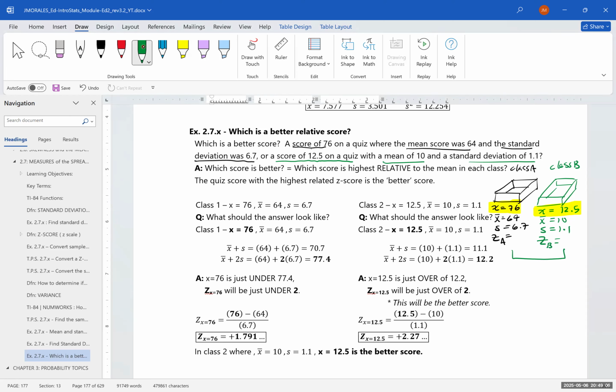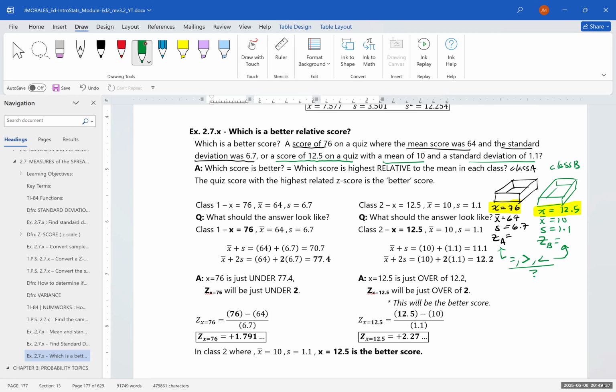The z-score that was greatest did the best relative to their own classroom. So are they going to be the same? Is one going to be greater than the other? One going to be less than the other? That's what we're going to find out.